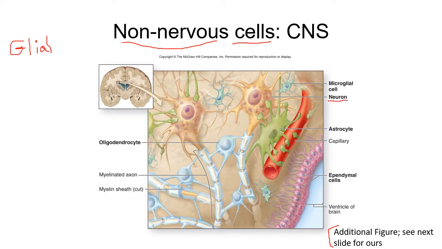Right, we have our neuron, which is this guy here. So there's our neuron cell here. We can see the axon with the myelin sheath. So that's our nervous cell, that's our neuron.